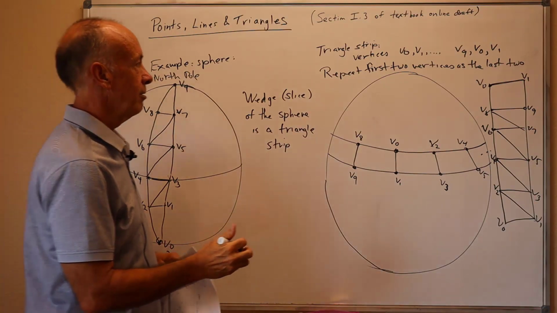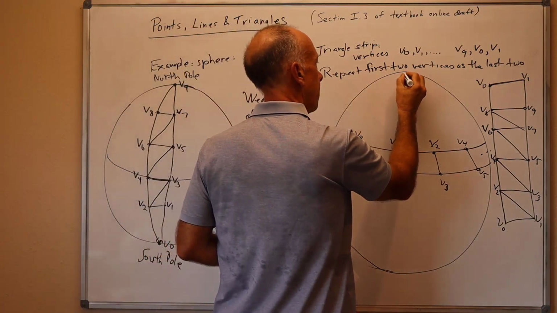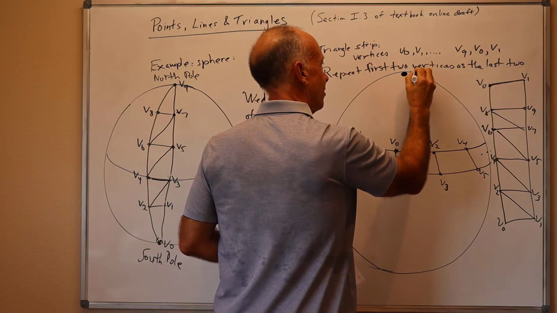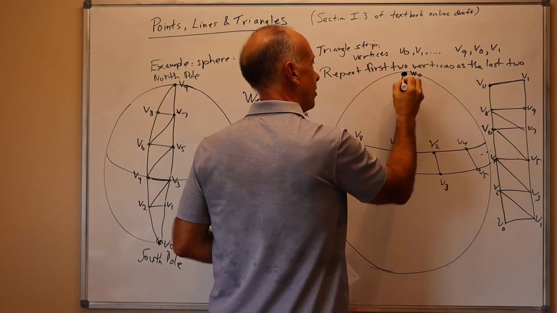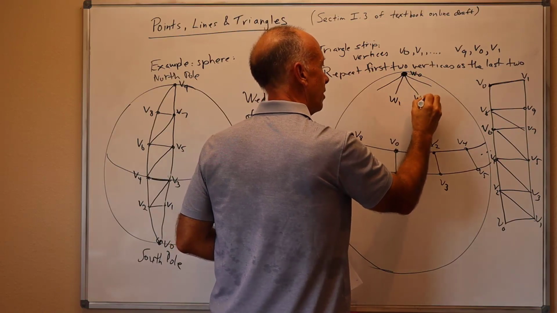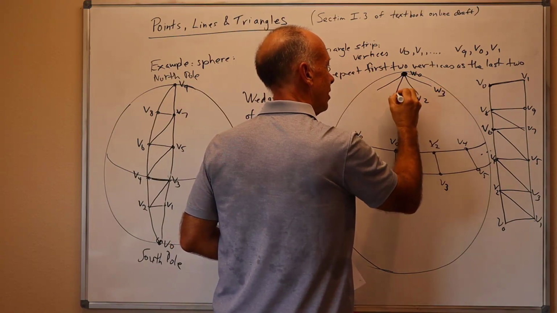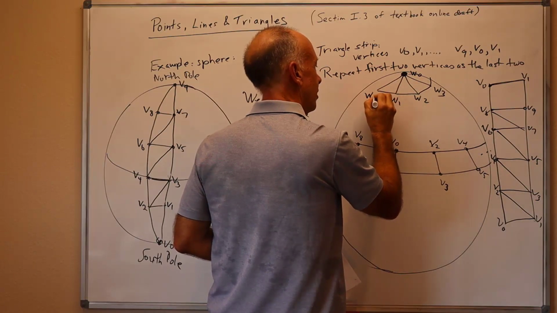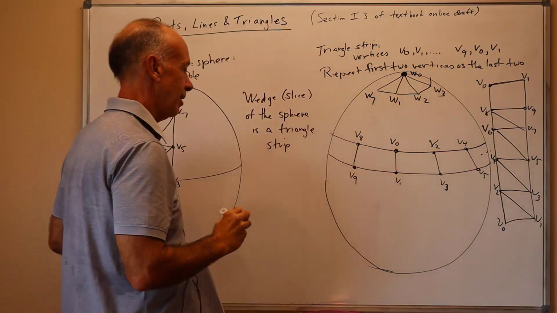We could also put a triangle fan at the top. So here's the North Pole. Let me call that now W0. And around the top we could then put, like, here's W1, W2, W3, and we're building this fan going across. Maybe we end up at W7 and come back to W1.